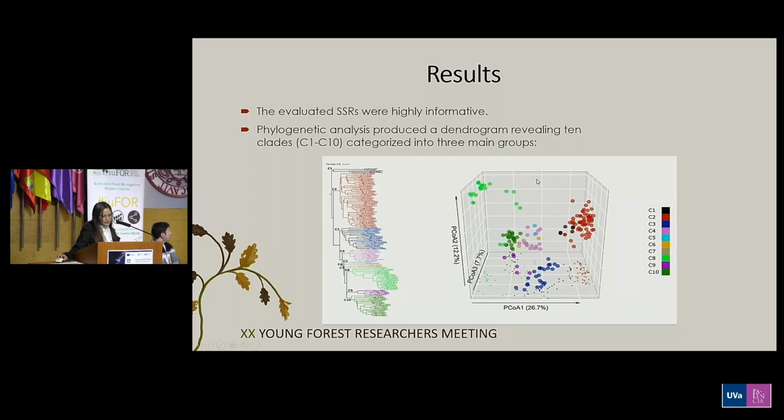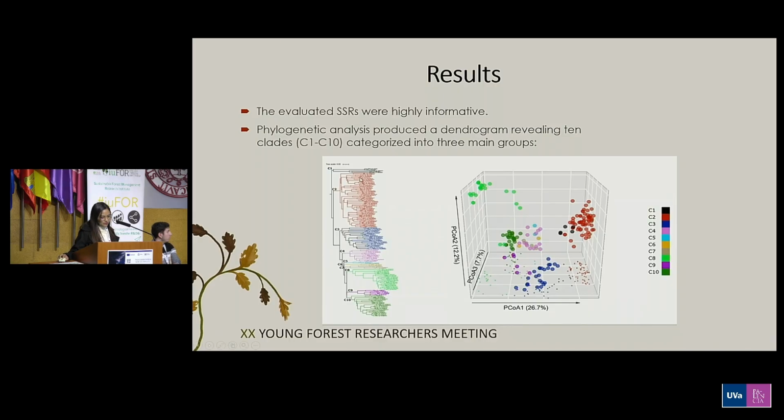And we have this dendrogram. In the dendrogram, we have 10 groups, but there were 3 main groups. The first one, at the top in black, was the cultivated potatoes with Solanum macaule. In a lot of papers, we know that they are very close, so here we also confirm that.